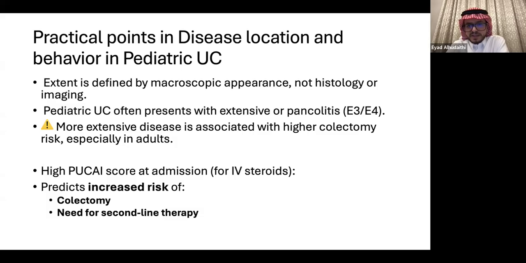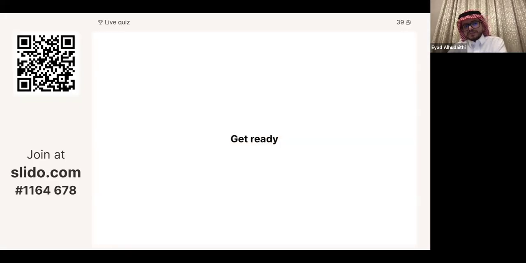Extensive is E3 and pancolitis is E4. More extensive disease is associated with higher colectomy risk, especially in adults. And if we have high PUCAI at admission, we predict increased risk of colectomy and need for second-line therapy.